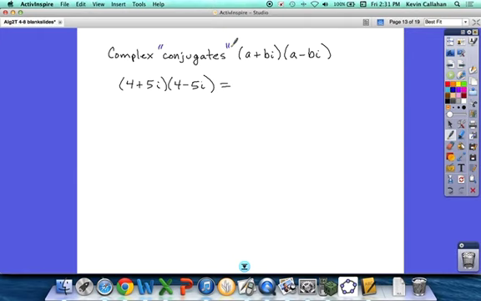I'm going to FOIL them. The first, 4 times 4, is 16. The outer will be 4 times -5i. The inner will be 4 times +5i.